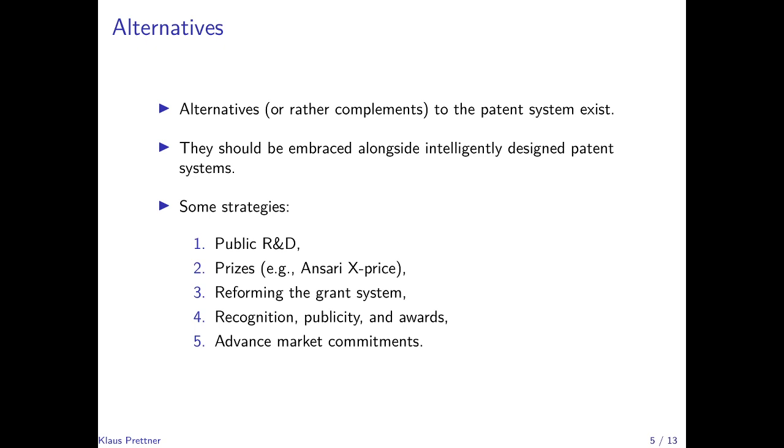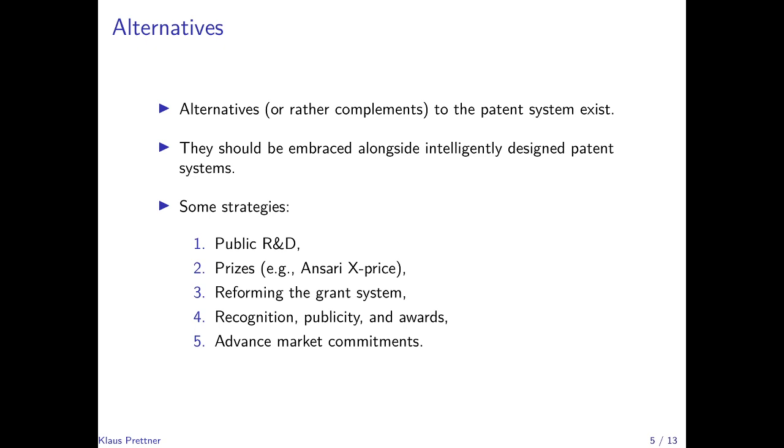And finally, advanced market commitments have been suggested, particularly also promoted by the Nobel Prize winner Michael Kremer. And they are an alternative mechanism to get research and development in areas where a market basically does not exist, such that monopoly rents would really create the incentives to do R&D.